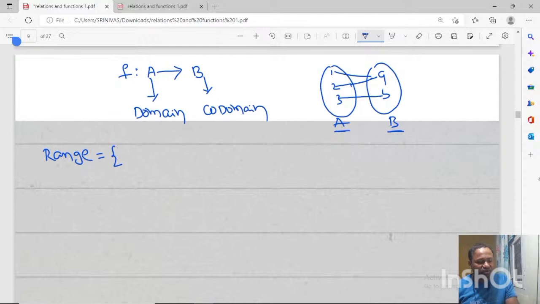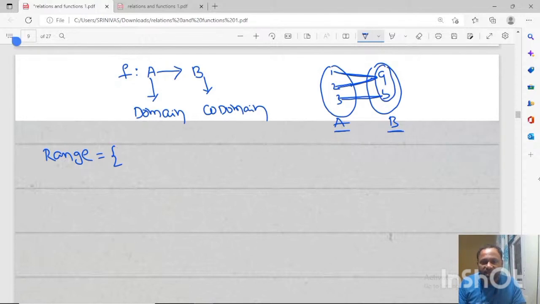the set of all elements which are images of the given elements. Means 1's image is A, 2's image A, 3's image B. Okay, these images.